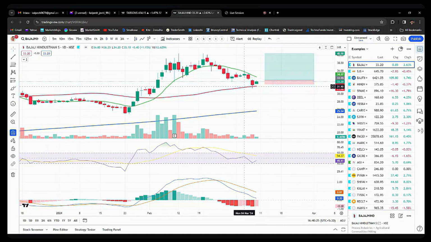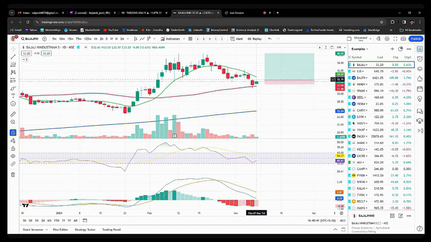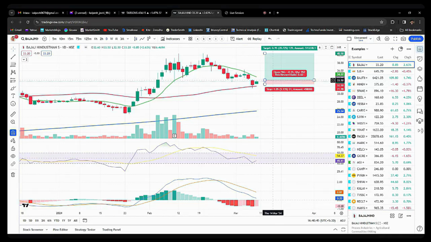What I follow, I'll just let you know. I do it with a single tranche. I don't do upward averaging. I'll do a single tranche, but I'll split my entire capital into 20 or maybe 40 different stocks. So my exposure to one stock would be less than 3 or 4%, or maybe max 5%.